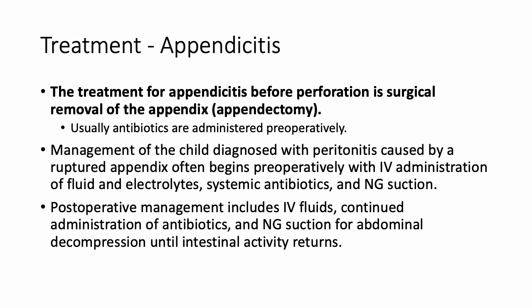Usually you only need a dose of antibiotics prophylactically before the surgery. However, if you have perforated appendicitis, abscesses, or peritonitis, you may need several days of IV administration of antibiotics, as well as bowel rest.